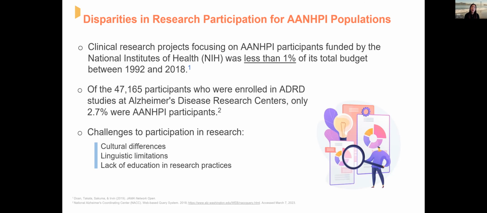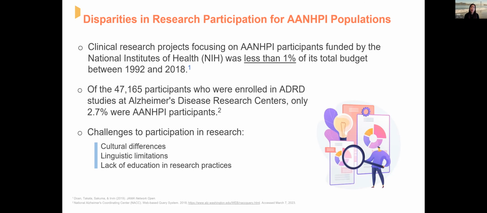They found that in the past 25+ years, less than 1%, actually 0.17%, of NIH's total budget for clinical research has gone to Asian Americans, Native Hawaiians, and Pacific Islanders.